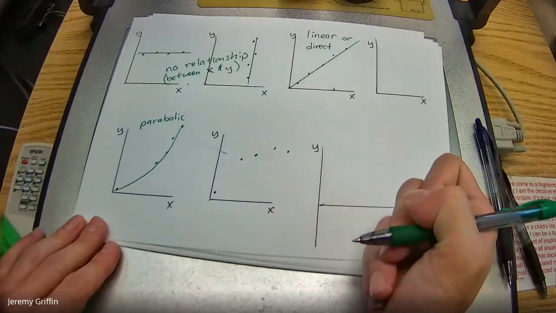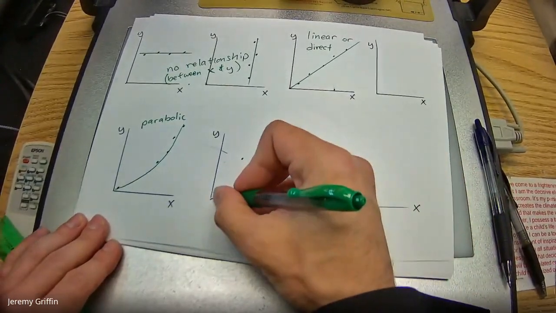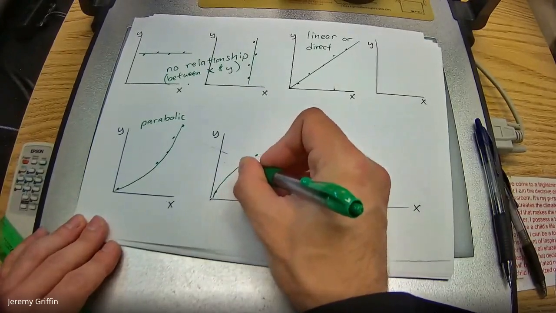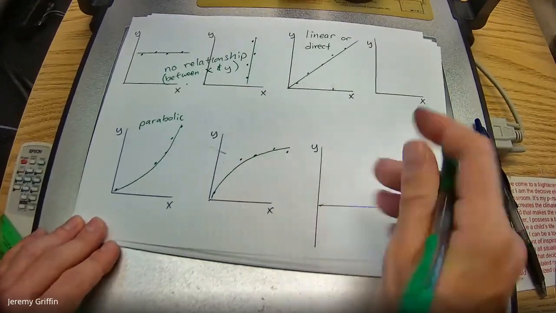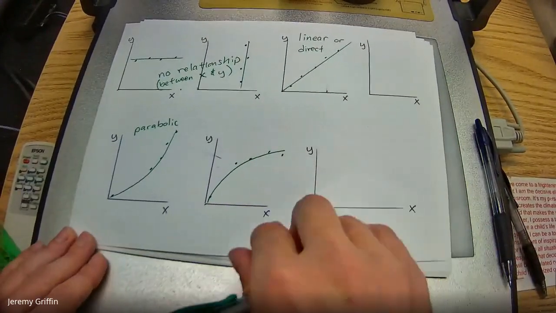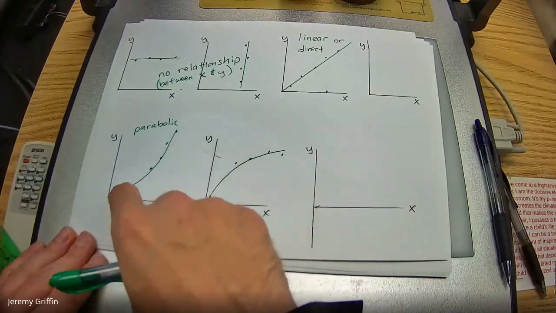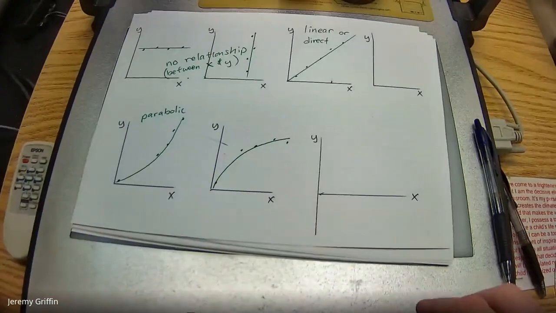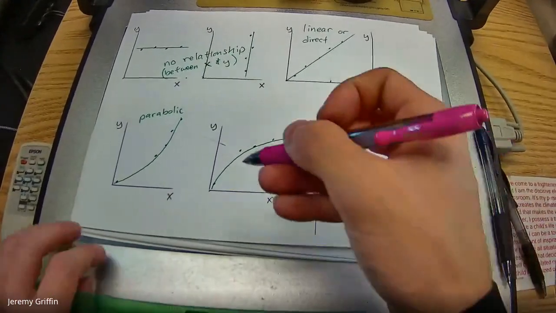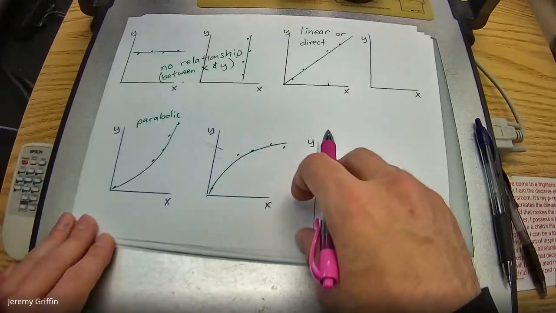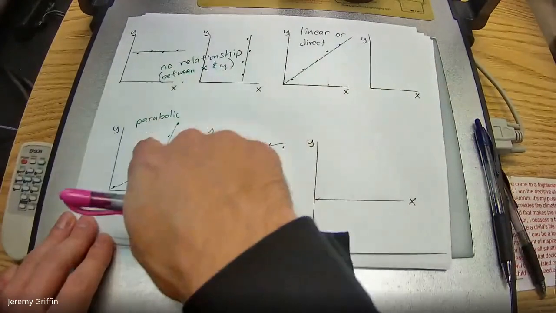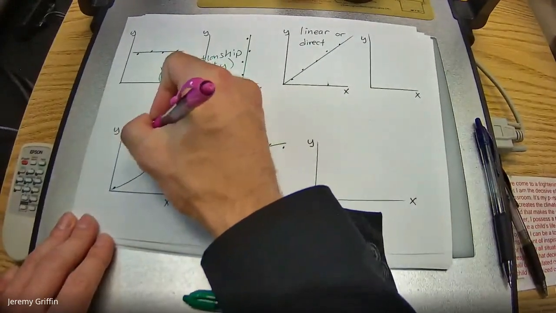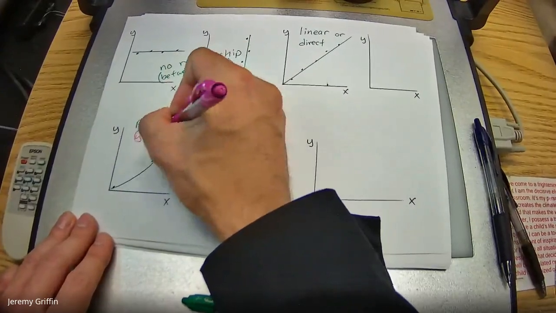What's a good name for this type shape? What do you think? I forgot about that one, exponential. I'm not actually going to draw an exponential on here, although at a glance, exponential might look kind of like parabolic, but it's actually a completely different class of graph that I don't think ever shows up in here, or if it does, there might be like one or two exceptions. Parabolic is something like, for example, y equals x squared could be an example.